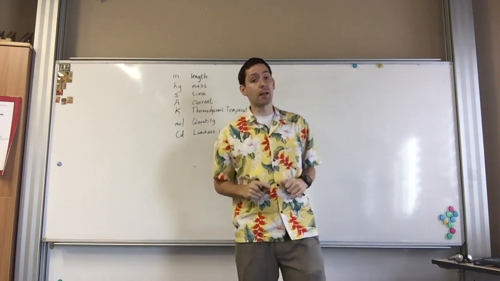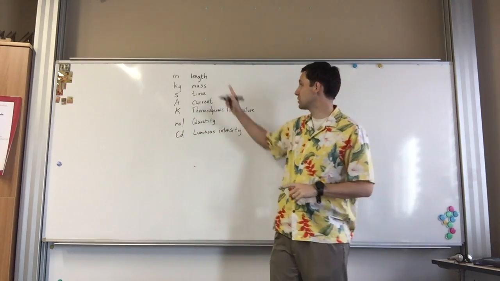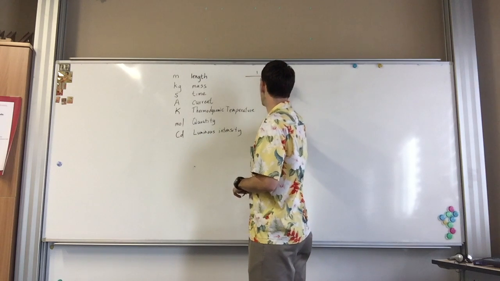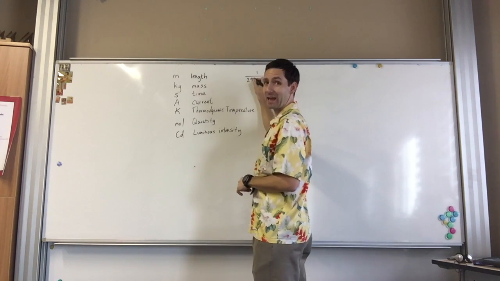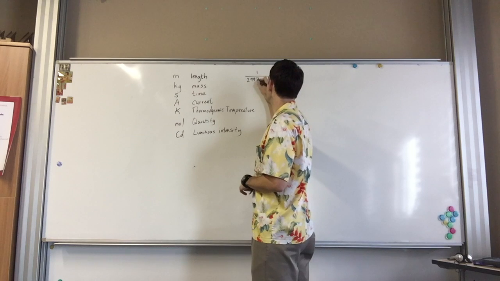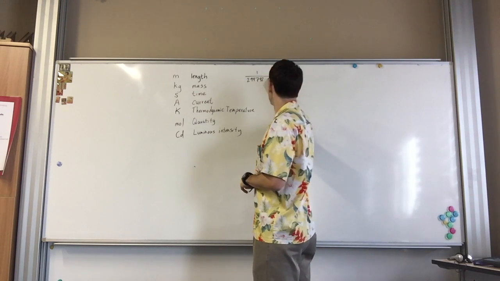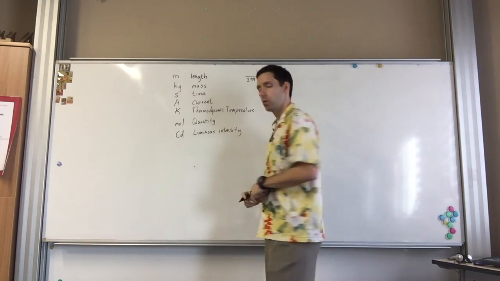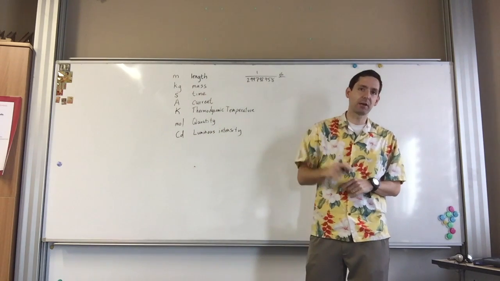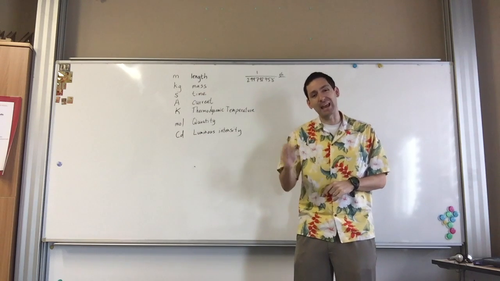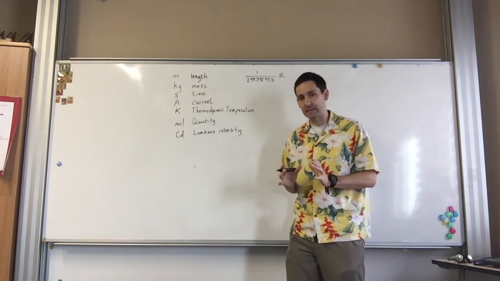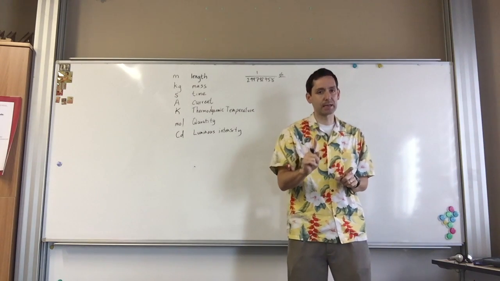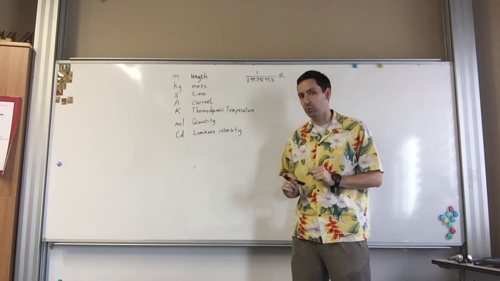So something that we know a lot about is light. And so a length is 1 over 299,792,458th of the distance that light travels in 1 second in a vacuum.